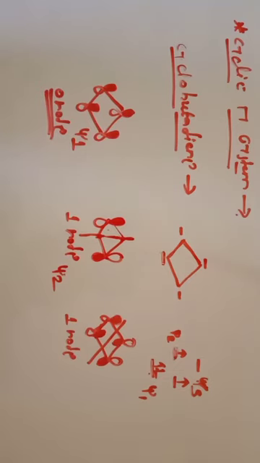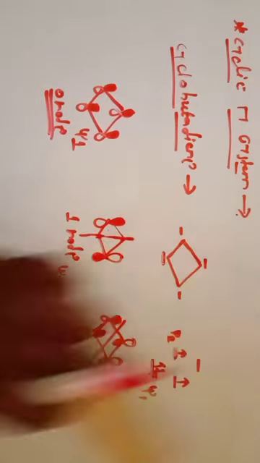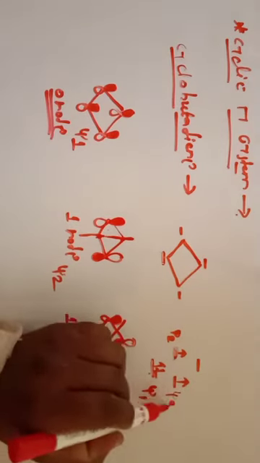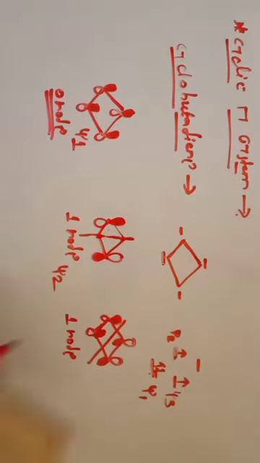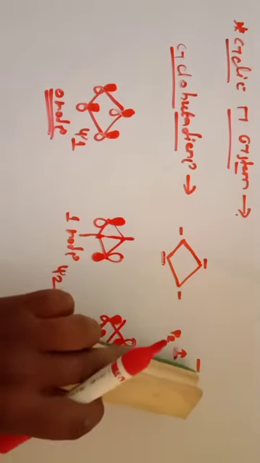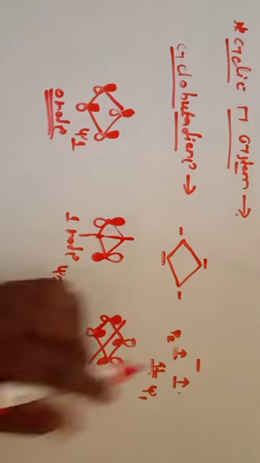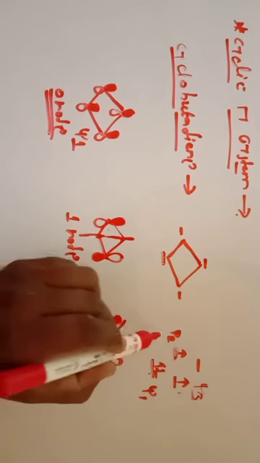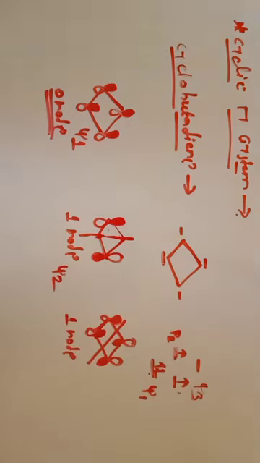And if you consider the next one, that is your psi 3, it consists of two nodes. I made a mistake here, so let us consider this is psi 2 and this is your psi 3, because psi 2 consists of one node and psi 3 consists of two nodes.